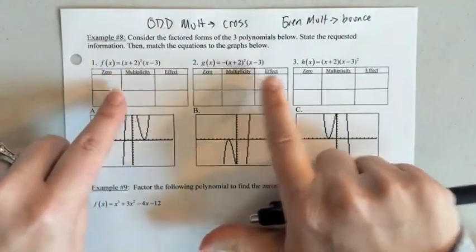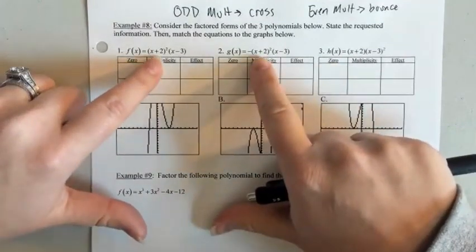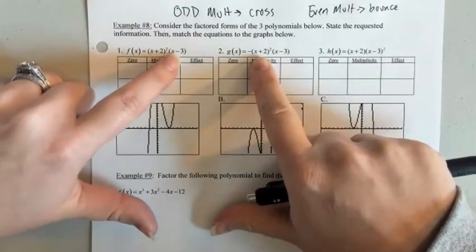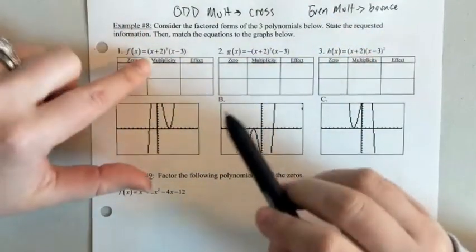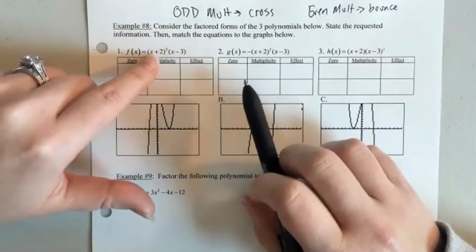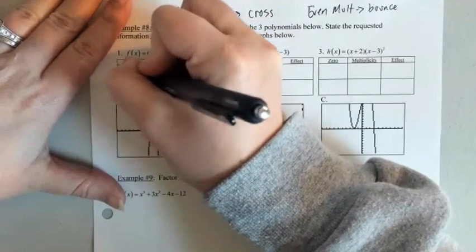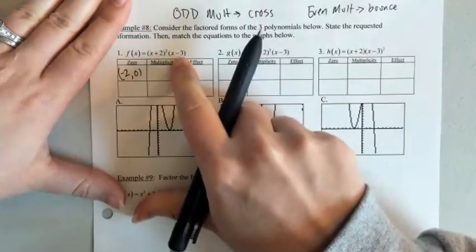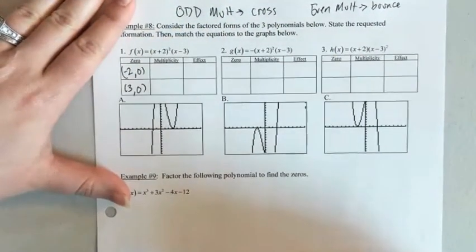All right, if I look at all 3 of these polynomials, they all share basically the same factors, x plus 2 and x minus 3 in different combinations of multiplicities, which means they're all going to have the same x-intercepts, aka zeros. X plus 2 is going to correspond to the x-intercept at -2, and x minus 3 is going to correspond to the x-intercept at 3.